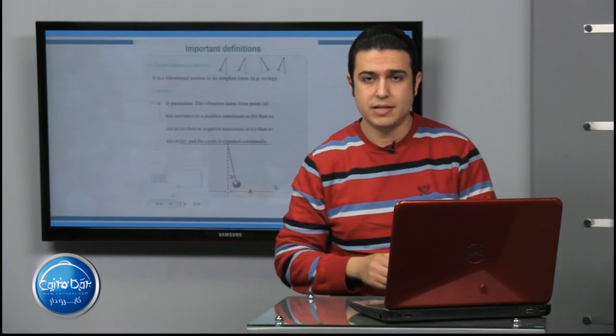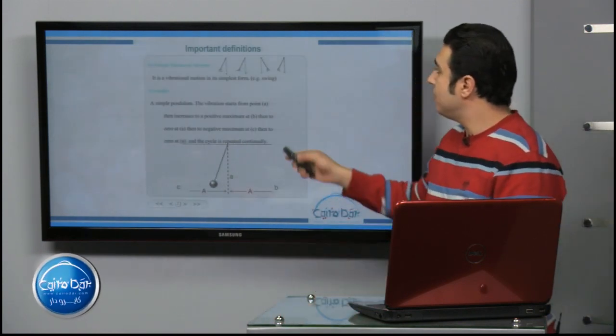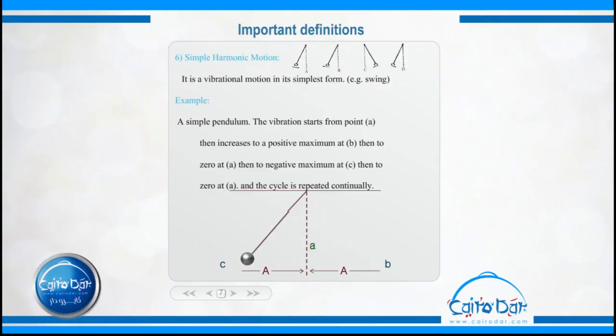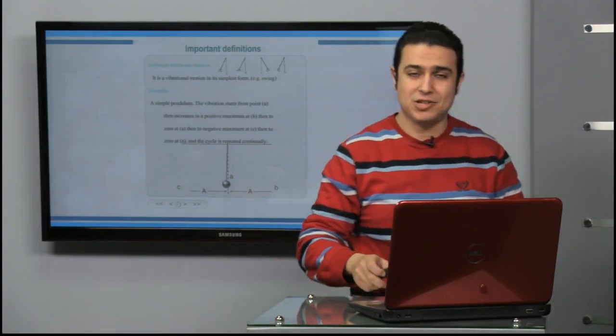That's for frequency. What about the simple harmonic motion? Simple harmonic motion is a vibrational motion which has the simplest form. What about the periodic time? Periodic time is the reciprocal of the frequency. Periodic time is the time taken by the vibrating body to make one complete oscillation.